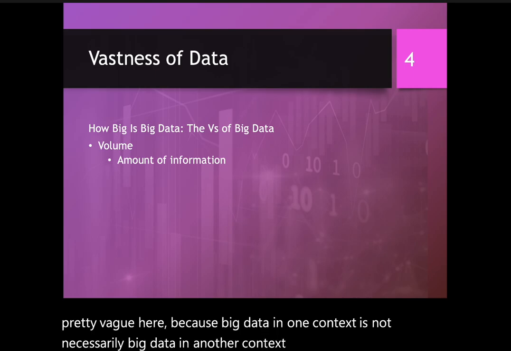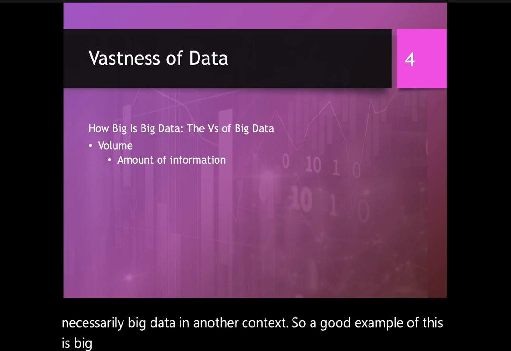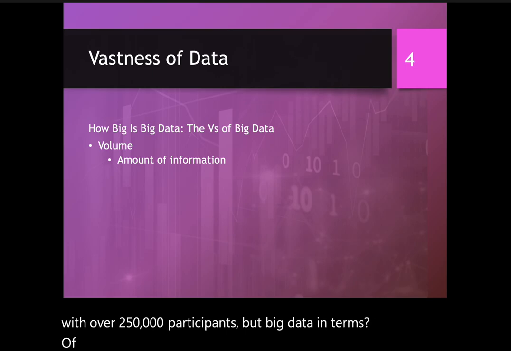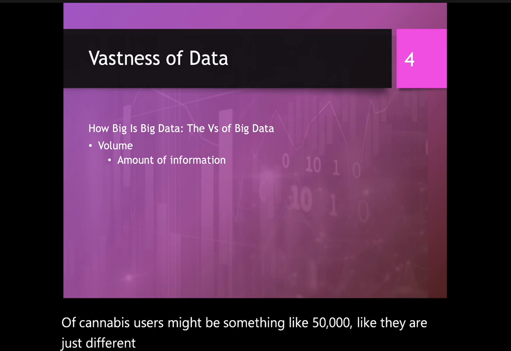So a good example of this is big data in social media might mean that you have a data set with over 250,000 participants. But big data in terms of cannabis users might be something like 50,000. They are just different barometers of what volume looks like, which is why we have multiple V's of big data.